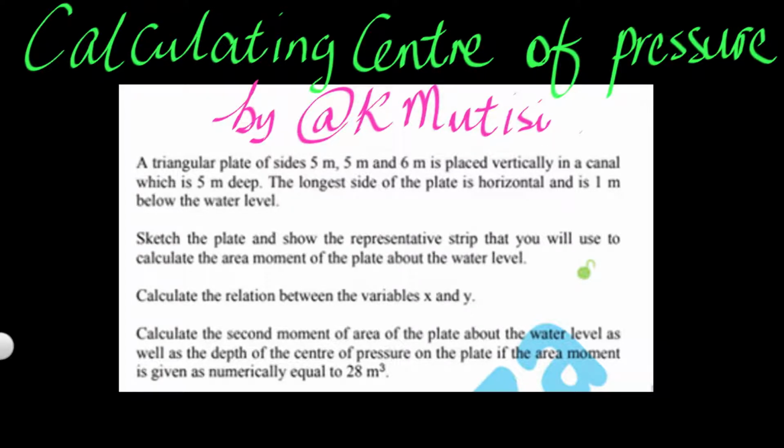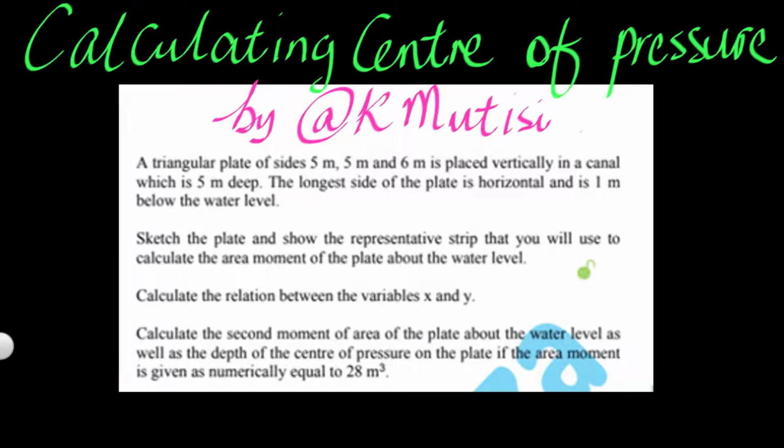After that, if you are to look for the depth of the center of pressure, you need to find the second moment of area of the plate, and also the first moment of area, or the area moment of the plate. You find the depth of the center of pressure by dividing the second moment of area of the plate by the area moment of the plate.